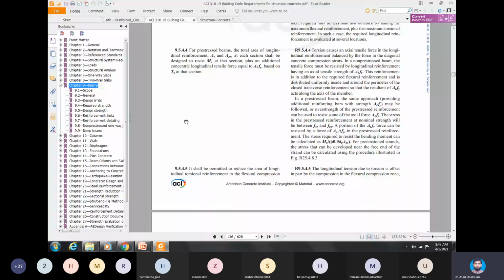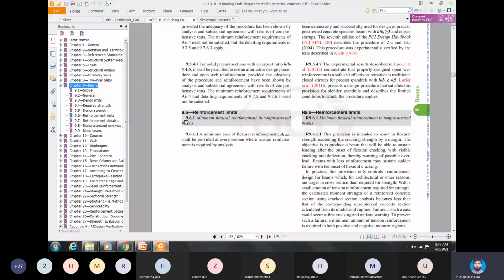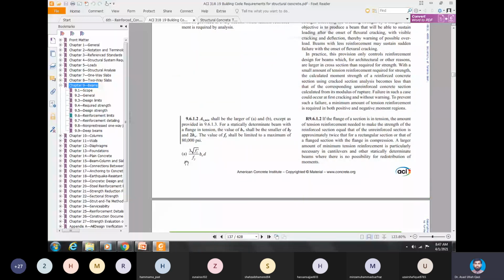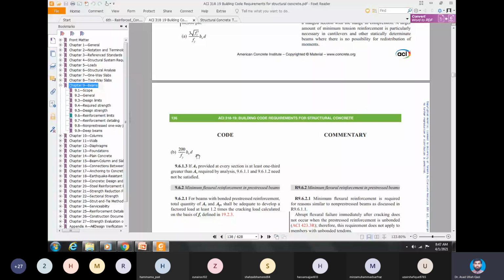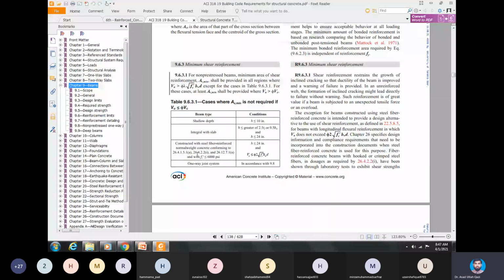So like here again in beams, minimum reinforcement in cross sections, there is some change here. Or here, as I said, in shear reinforcement, major changes are incorporated.